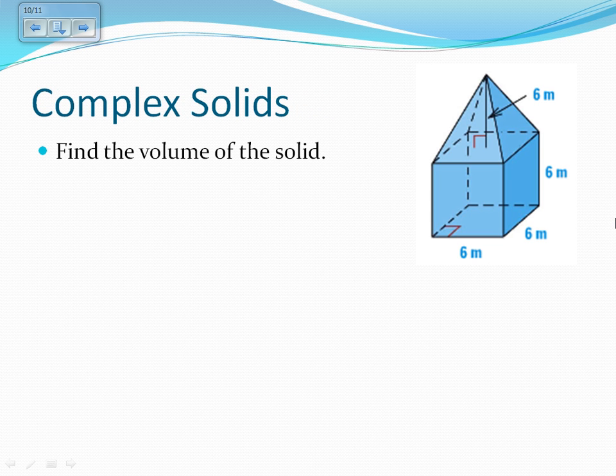The last problem. Find the volume of the solid. We don't need to do this, so I can answer your questions. How would you do this, though? Square? The what? The cube first? Good. Triangle?